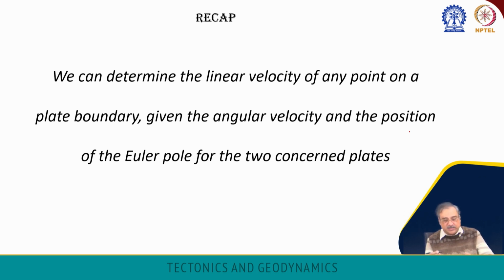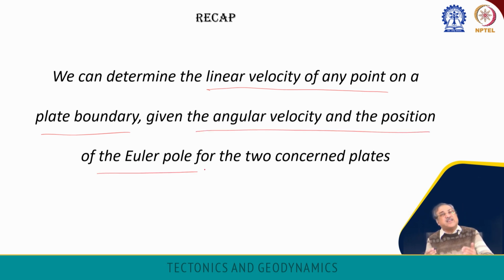Once that is given to us, because it's not humanly possible to measure and document what the linear velocity would be at every point along a plate boundary, once we know the angular velocity and the location of the Euler poles, we can calculate, when needed, the linear velocity of any point on a plate boundary, right? Because the angular velocity and the position of the Euler pole are known.